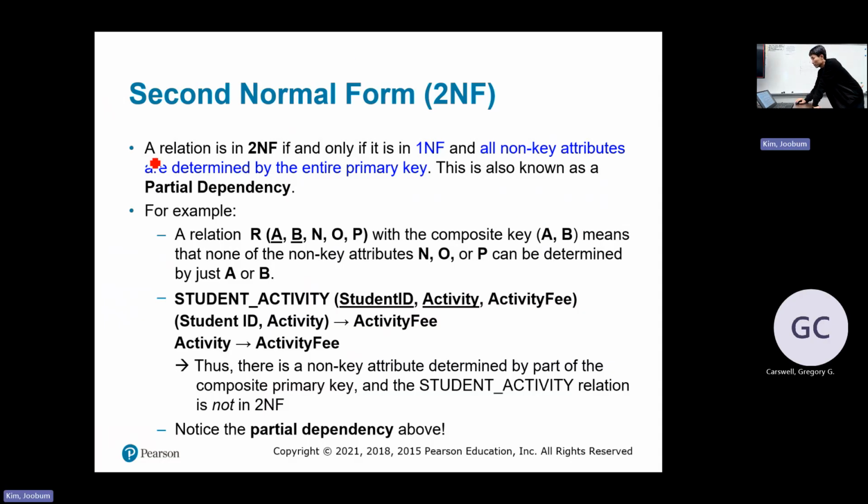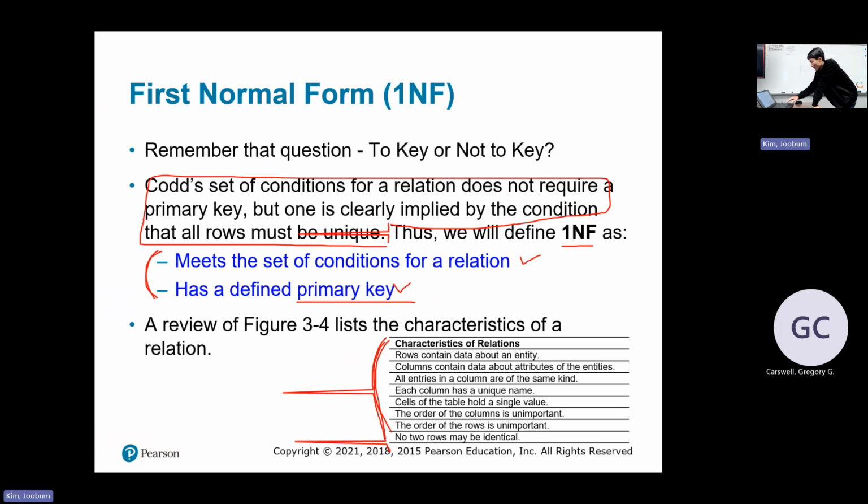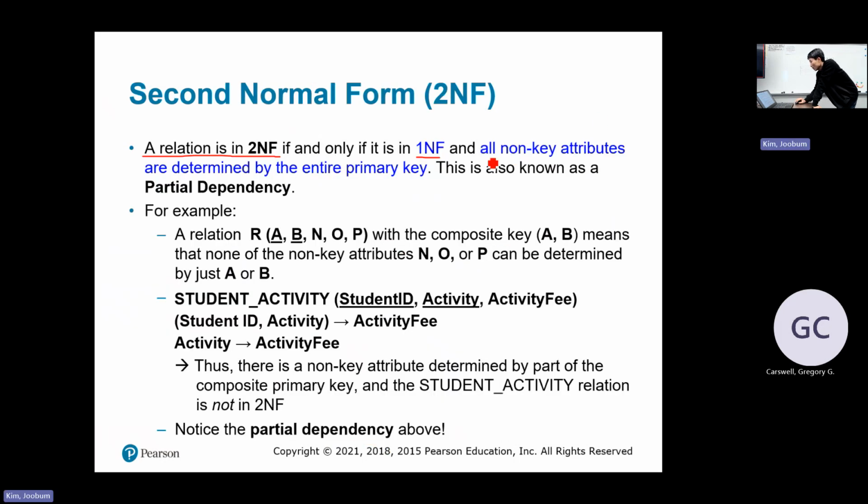The relation is in second normal form when the first condition is that the relation should be in first normal form, satisfying the previous normal form, and then all non-key attributes are determined by the entire primary key. Take a look at the example.